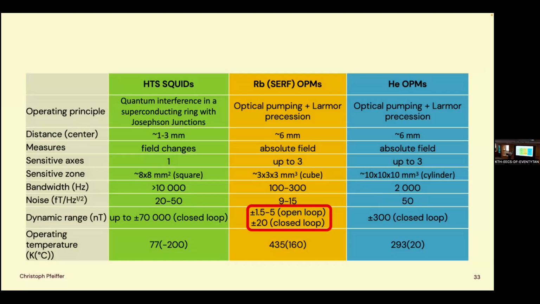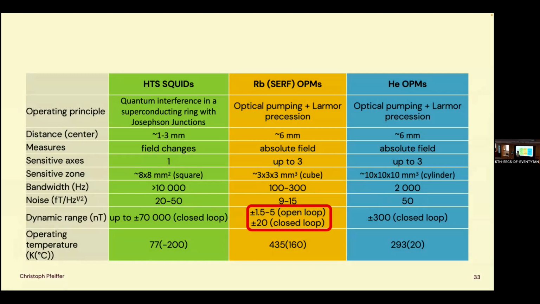Then the dynamic range is something that's especially a problem for the rubidium OPMs. High-TC squids more or less can do the same as conventional. There's no problem in normal MEG with this. Helium ones also go quite high, 300 nanotesla. In a typical MSR, we have something like 50.